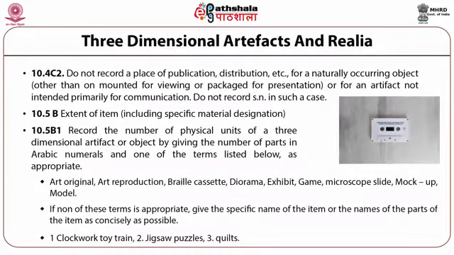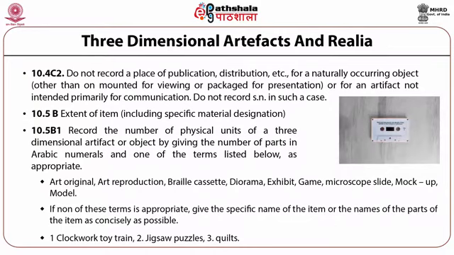Then you can give the information accordingly. But here one point: do not give a record of publication or distribution area for a naturally occurring object, or for an artifact not intended primarily for communication.